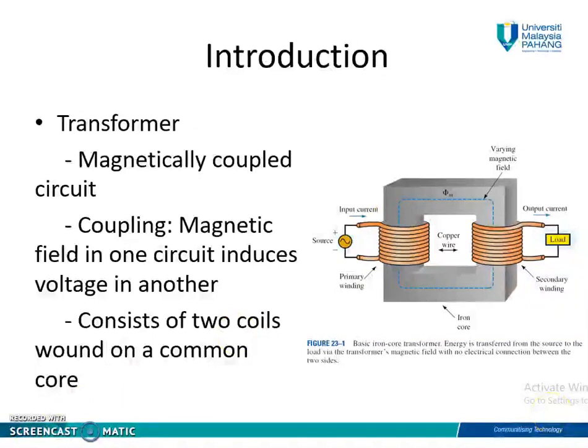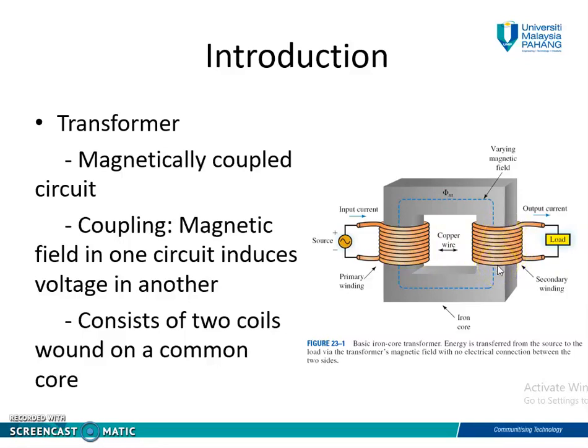Now we go to the other winding of the transformer. Since the second winding is attached to the core, it will be linked with the varying flux from the first winding. Due to the varying flux linkage of the first winding, there is also an induced EMF produced in the second winding.